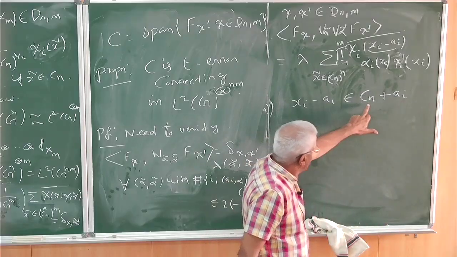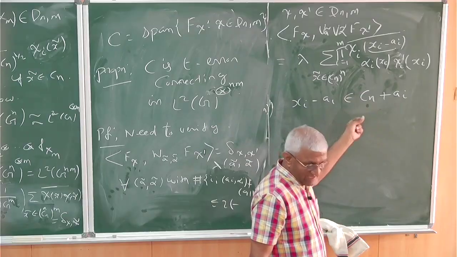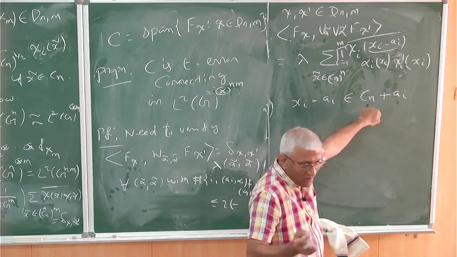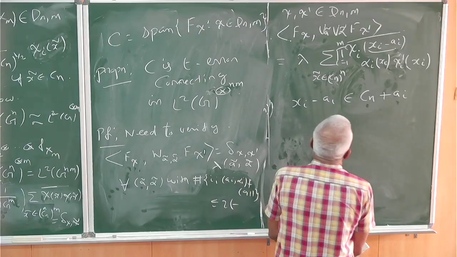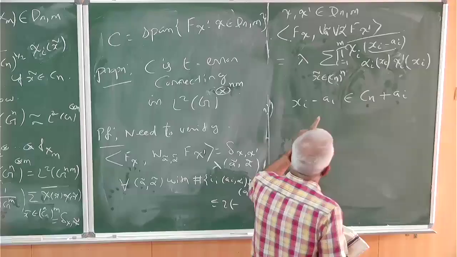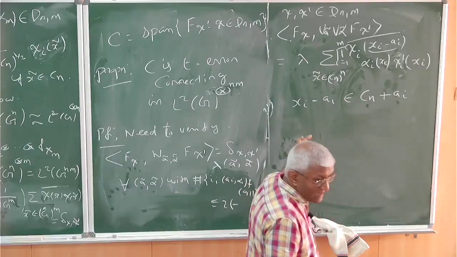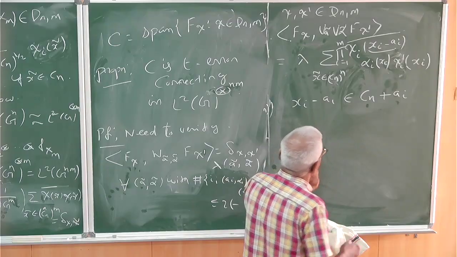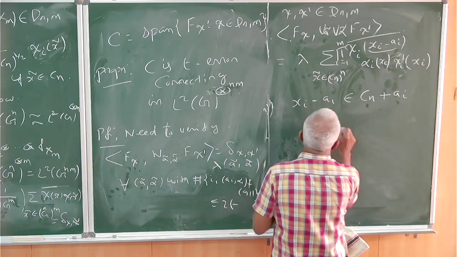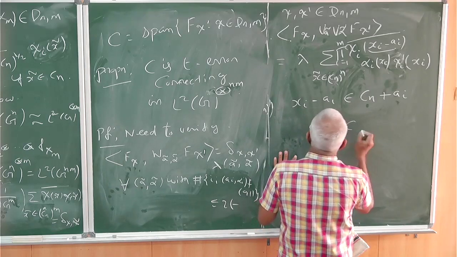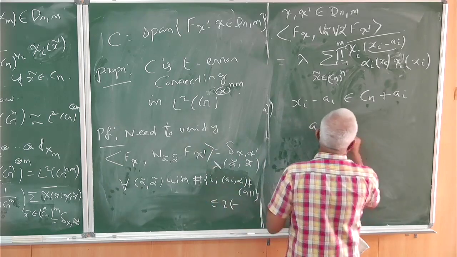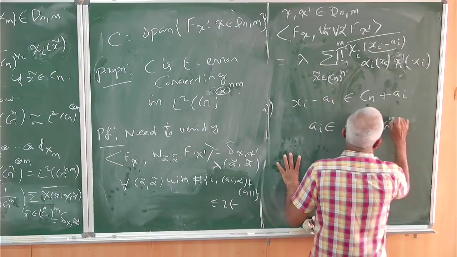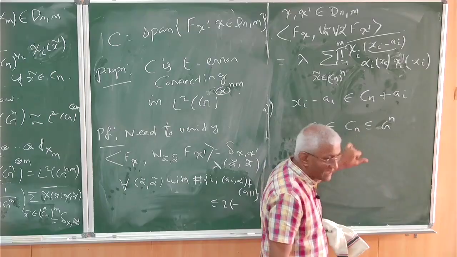Now, the weight of C^n is d, and this a_i is not equal to 0. Where is this a coming from? A is coming from C^n, which is contained in G^n. A itself has n coordinates.